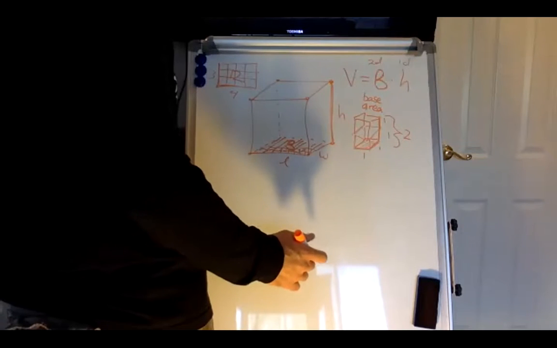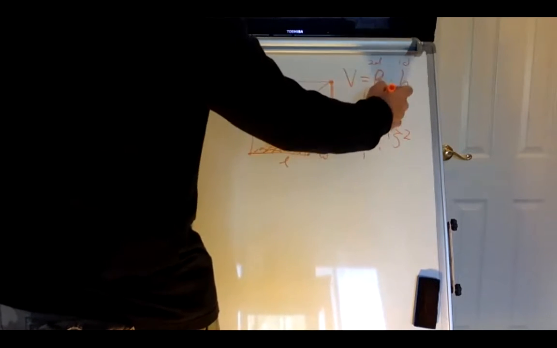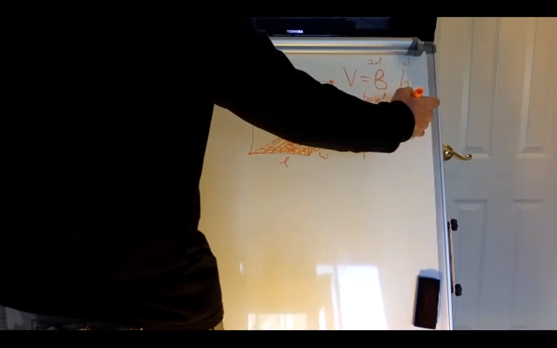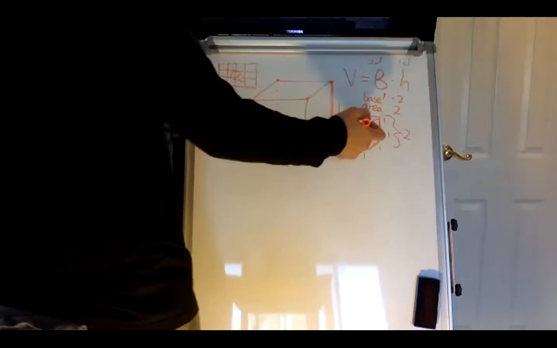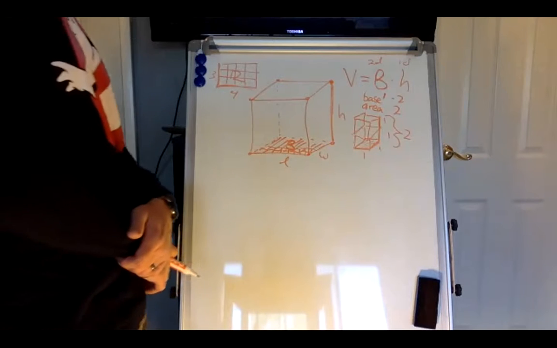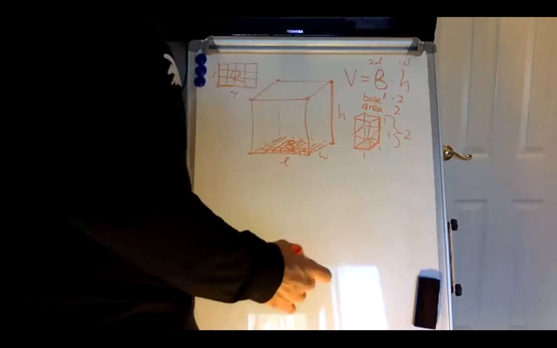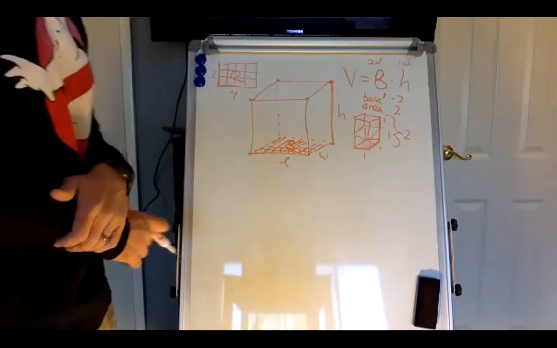So you would do a base area of 1 times a height of 2 gives you a volume of 2. And look at how many cubes there are there. There's 2 cubes. So now we're counting cubes. By taking the base area and multiplying times the height, you are counting how many cubes are inside the object.